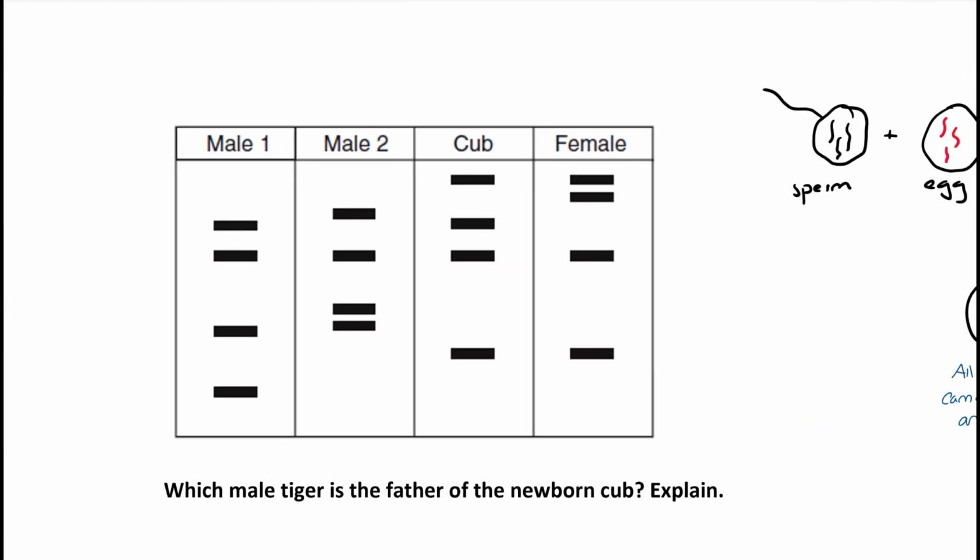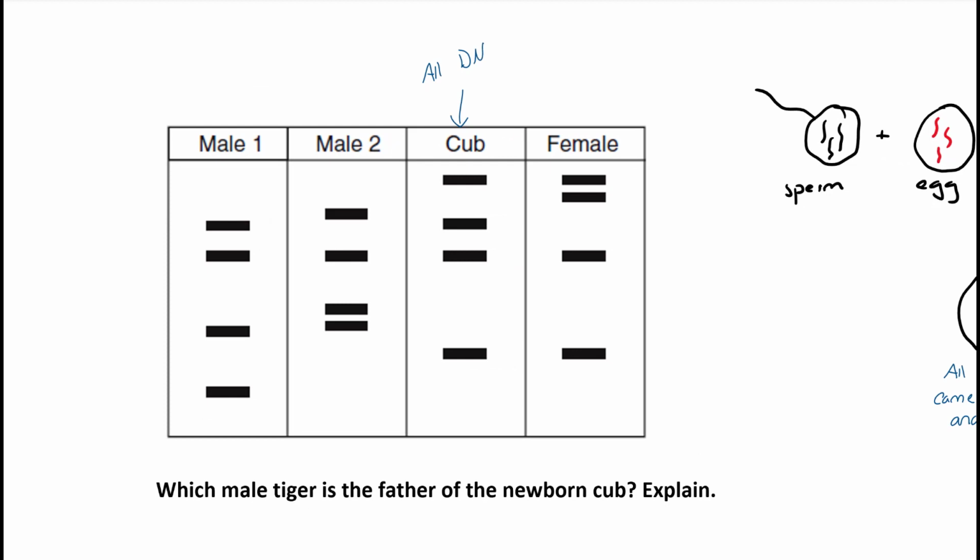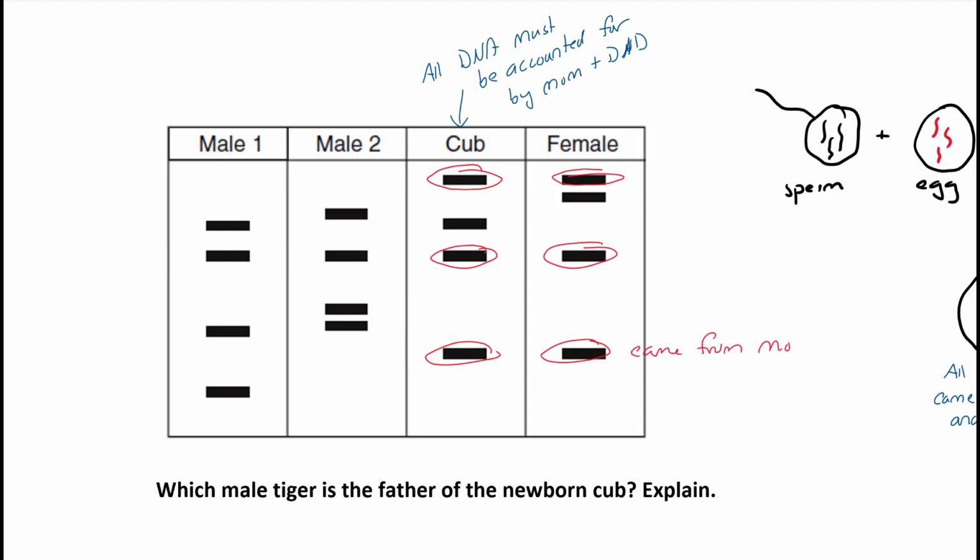Back to our little picture here. We see the cub. It has very distinct bands of DNA. All the DNA must be accounted for by mom and dad. So these pieces of DNA all came from mom. But there is one DNA band, a larger band, that must have come from dad because it did not come from mom.